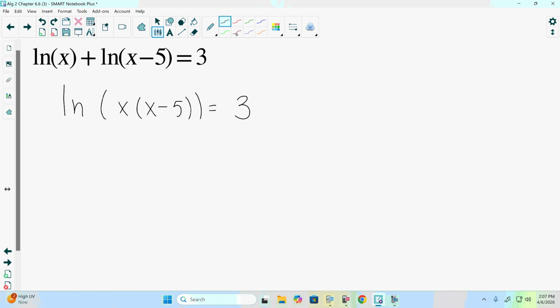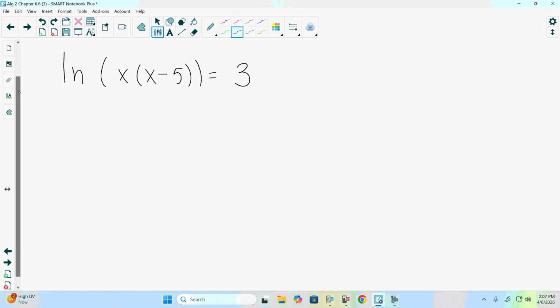Now that we have one expression on either side, we're going to put both sides to the base of the log. And our base of this log is e. So we're going to put both sides to the base of e. Again, this has not changed from the previous ones.